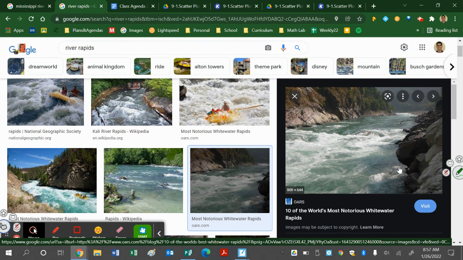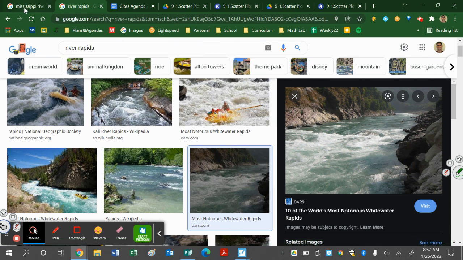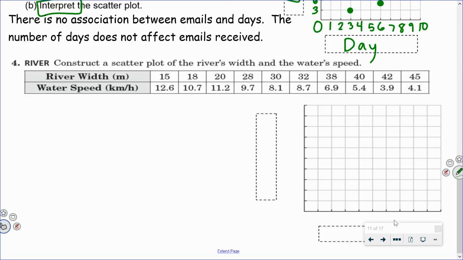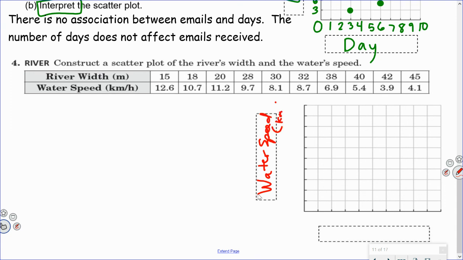In other words, the speed of the water depends on how wide the river is at that particular point. So I just wanted to help you out with that backside, in knowing that the water speed in kilometers per hour is going to depend upon the river width. In this case, those measurements are made in meters.